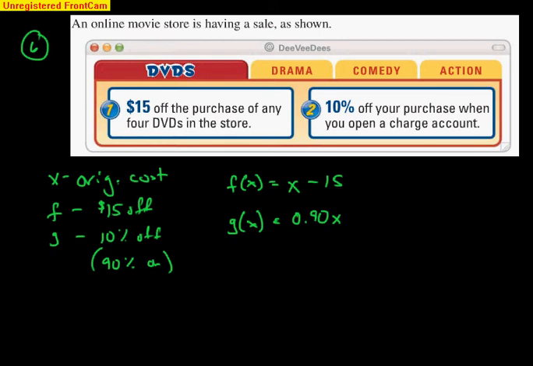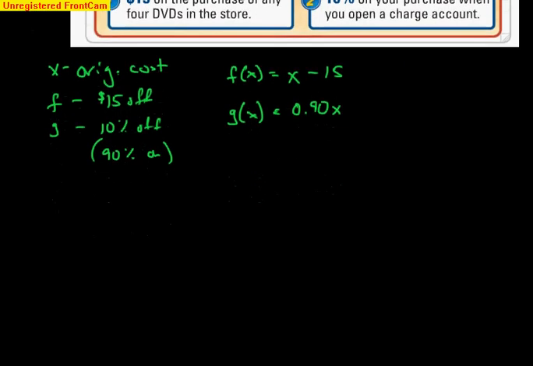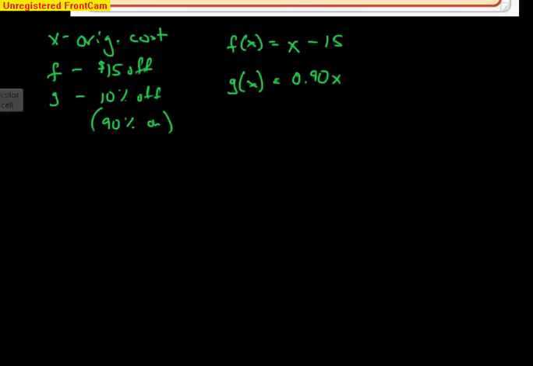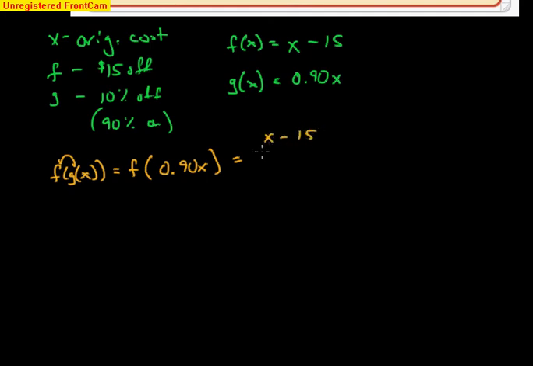And now I want to represent both compositions. So first, f of g of x. g is going into f, so f of, and g of x is 0.90x. I'm going to write f above x minus 15. I will not put the x in its place. I will put the minus 15 in place of x.